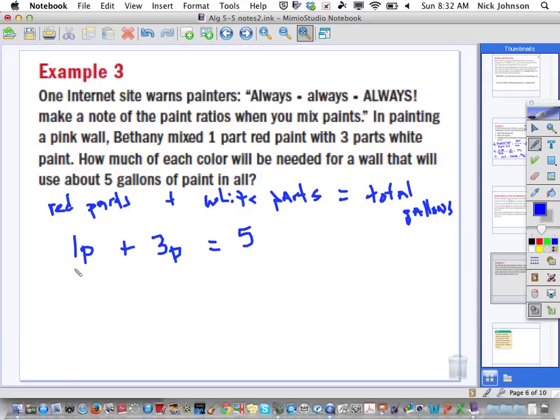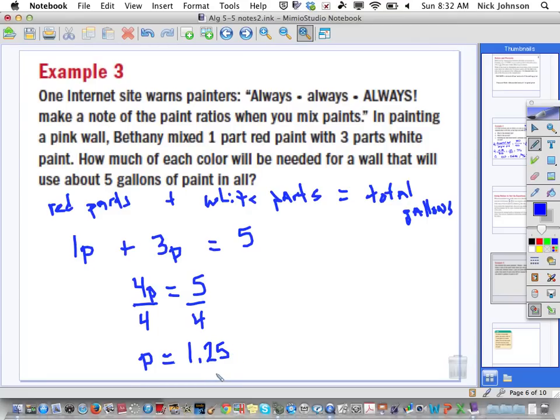So watch what happens. 1 part plus 3 parts equals 4 parts. Okay? So 4p equals 5. I have to solve for p, so I divide by 4. So p is going to equal 1.25, or 1 1/4.